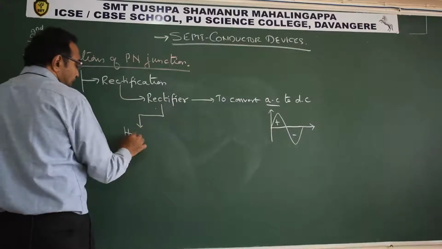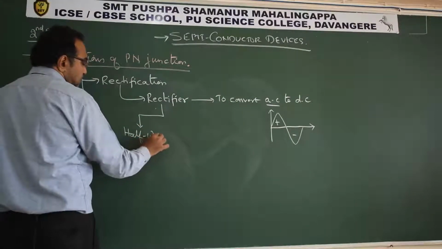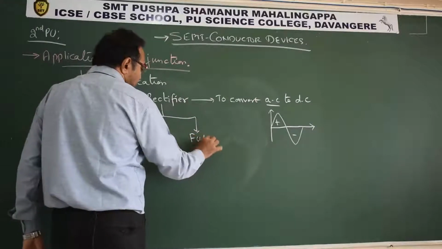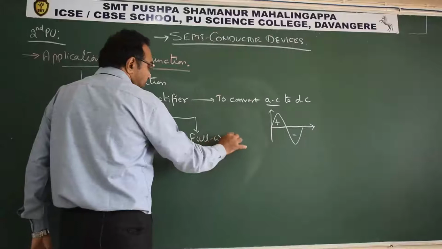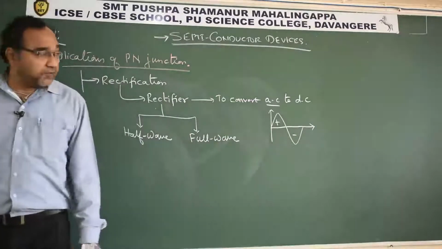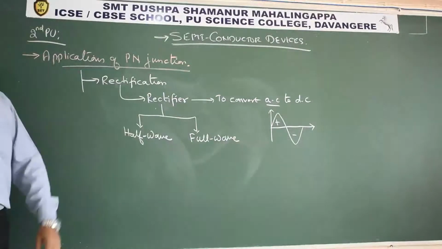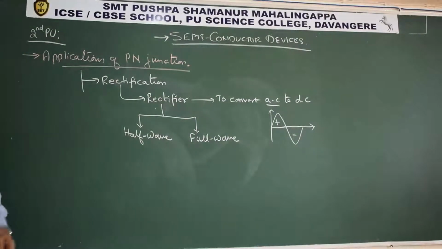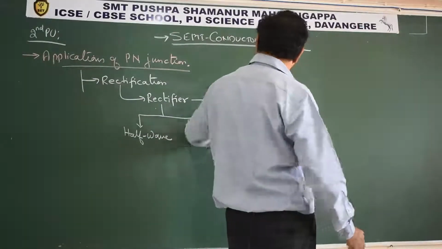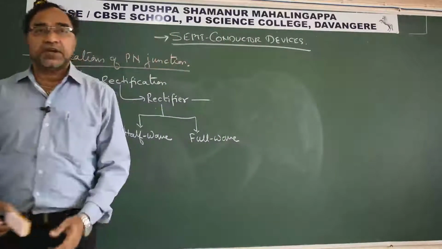We will say half wave rectifier, or it can also be called a full wave rectifier. Now, let us see how exactly we can achieve this rectification process. First, I am taking the half wave rectifier.